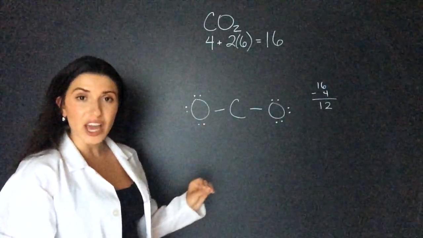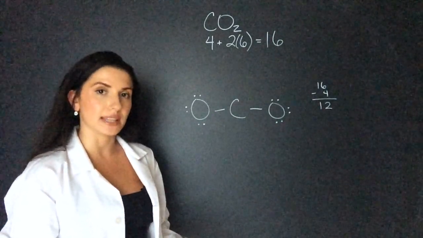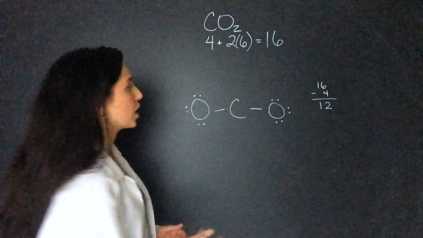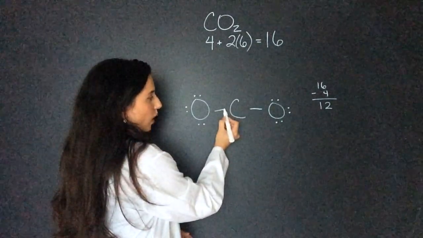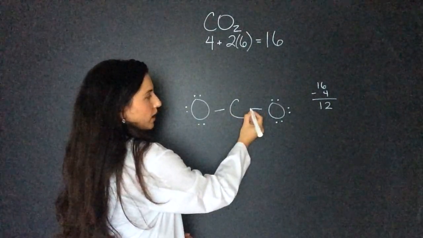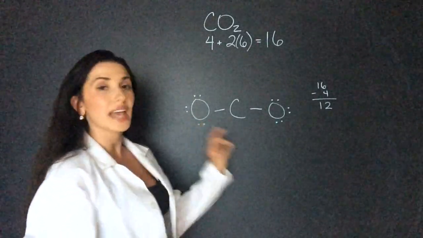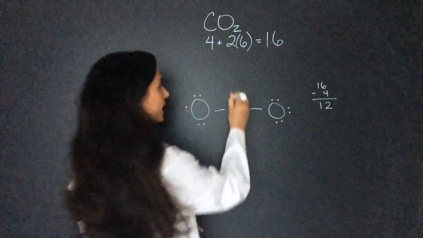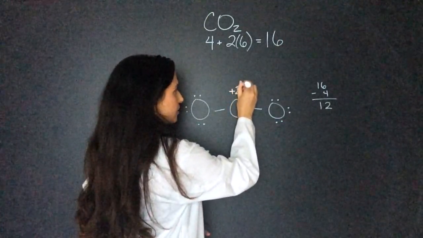Now I'll look at each atom separately and see how many electrons they have and if they might have a formal charge. Let's start with carbon. Carbon has 1 electron in this bond and 1 electron in this bond. So it only has 2 electrons. It's supposed to have 4. So that gives it a charge of +2.